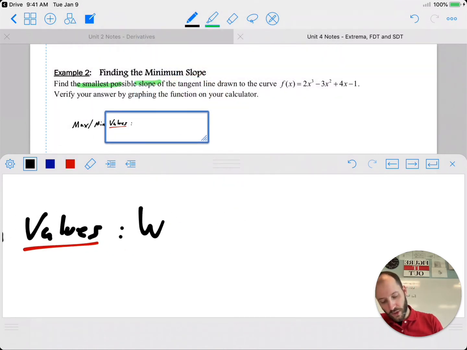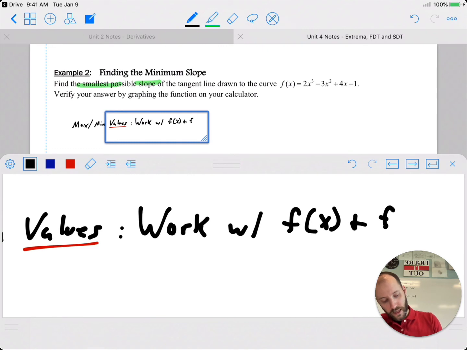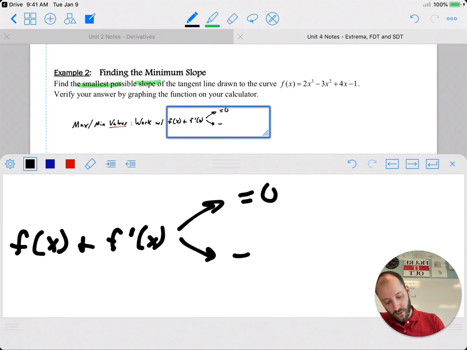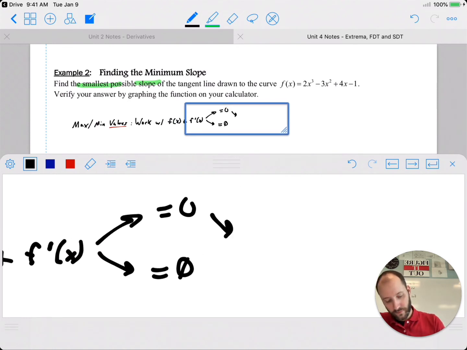That means you work with f of x and f prime x. F prime x, find when it equals 0 or equals undefined. Those are your critical numbers.